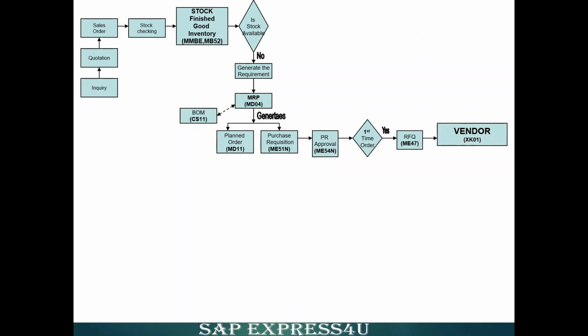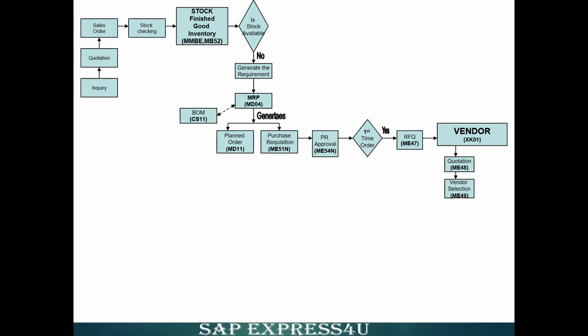Okay, after that, a vendor like XK01. Nowadays in S4 HANA it is a BP, that is a business partner. I will tell you separately about that part. So what will happen is that the quotation comes from the vendor, and in ME48 we will maintain that quotation. After that there will be a vendor selection.